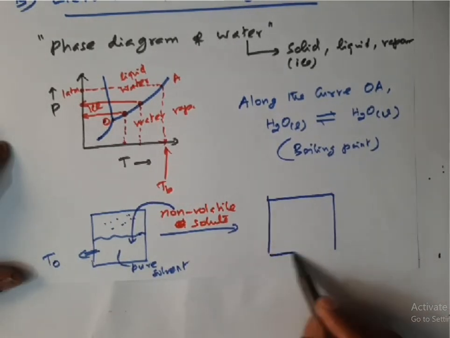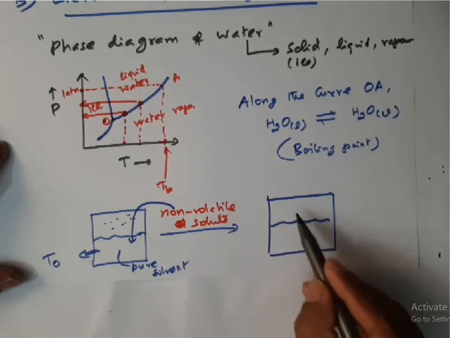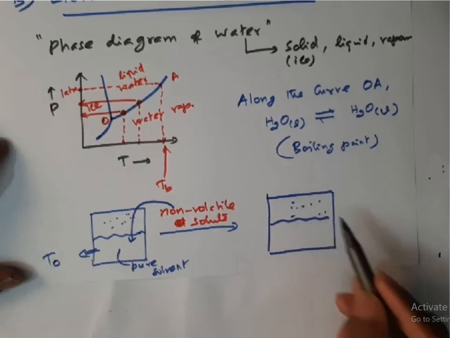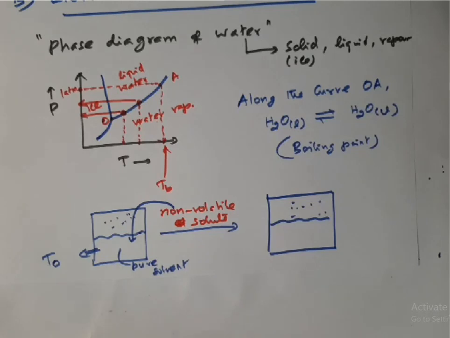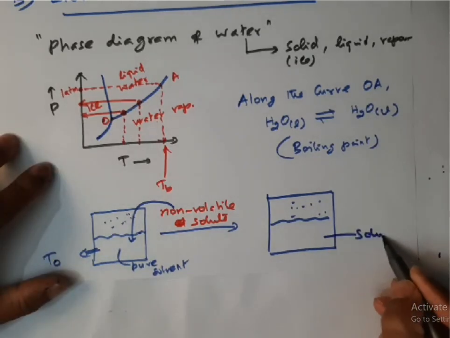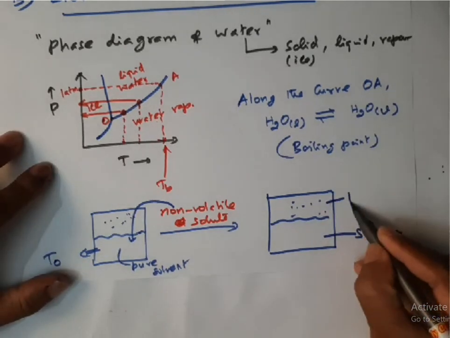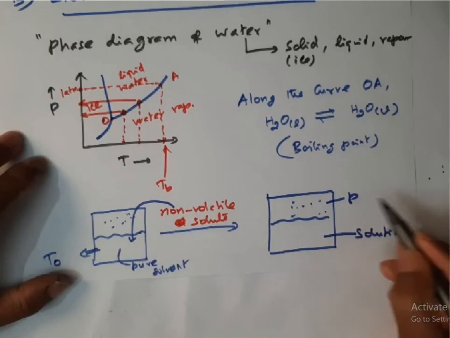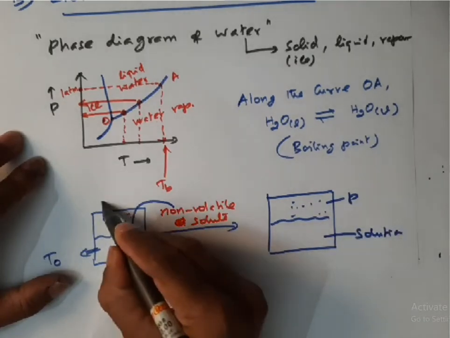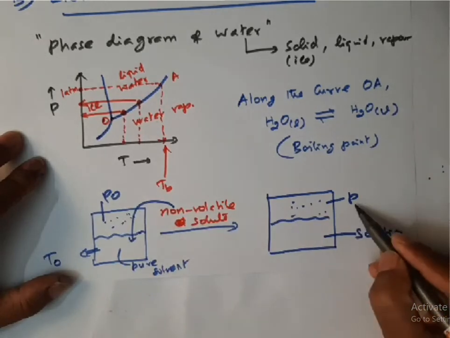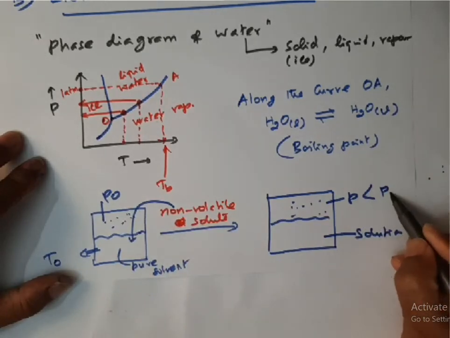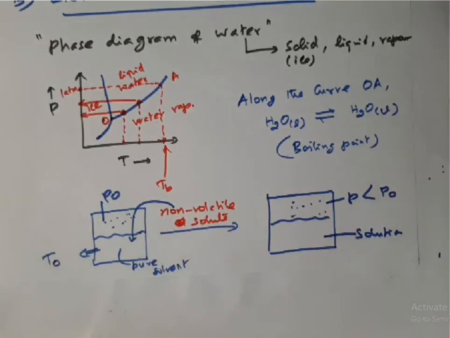Can you tell me what will happen to the vapor pressure? It will decrease. So this is the solution. Here the vapor pressure of the solution is less than the vapor pressure of pure solvent. If vapor pressure is low, what about boiling point?